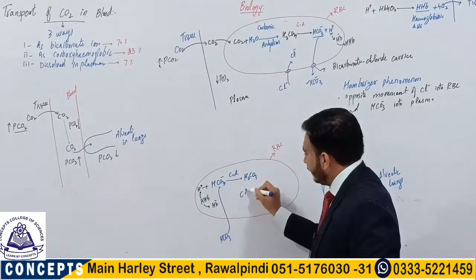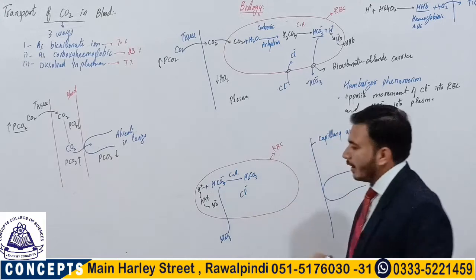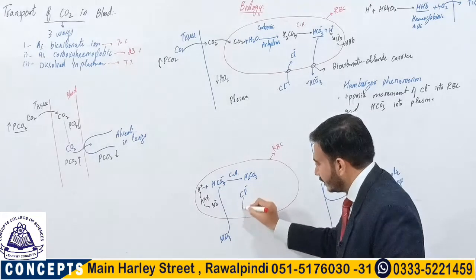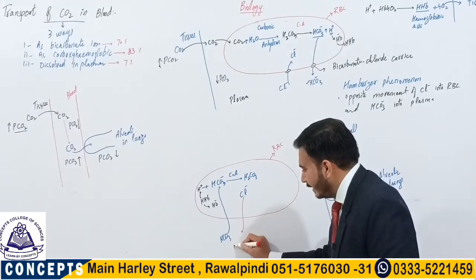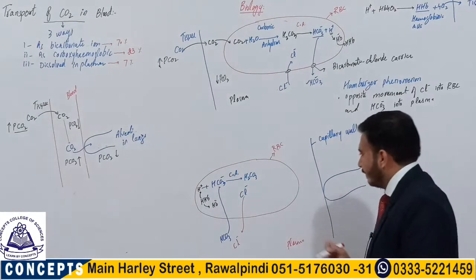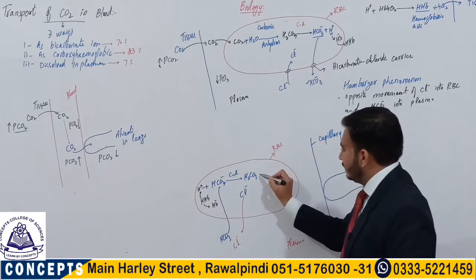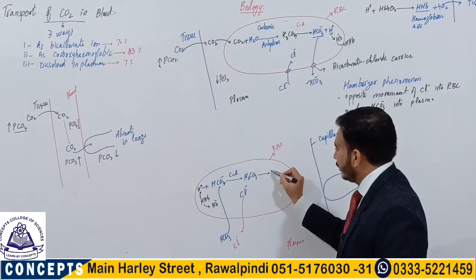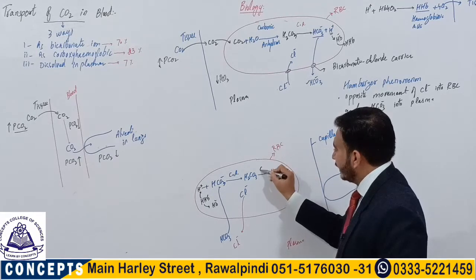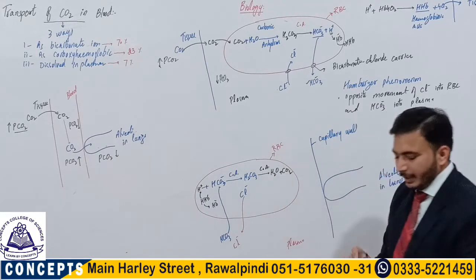And the chloride ion which is present in the RBCs comes out of the RBC into plasma. It is plasma. And H2CO3, carbonic acid, forms water plus carbon dioxide in the presence of carbonic anhydrase.